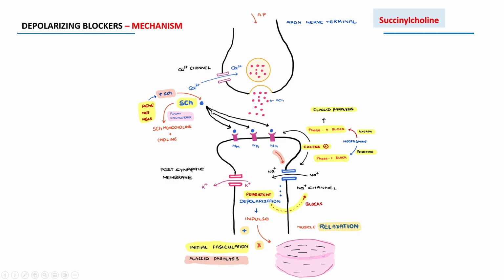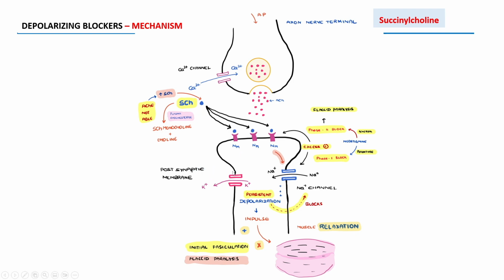And in the synaptic cleft, the succinylcholine will not be degraded or metabolized, because for succinylcholine to get metabolized, we require plasma cholinesterases, which are not present in the synaptic cleft. In the synaptic cleft we have only true cholinesterases, which are able to metabolize only the acetylcholine but not the succinylcholine. So the succinylcholine concentration will increase in the synaptic cleft.